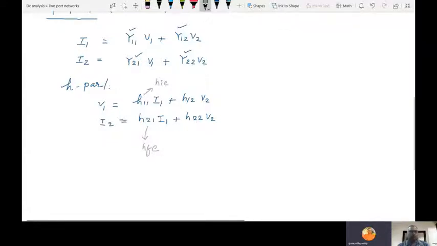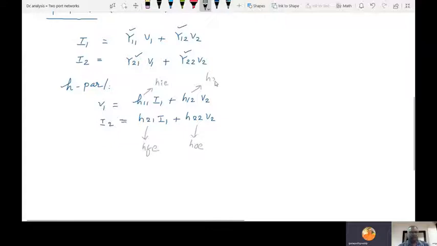H22 is output admittance when the input is open. So it is similar to HOE. This one, V1 by V2: V2 by V1 is forward, V1 by V2 is reverse.